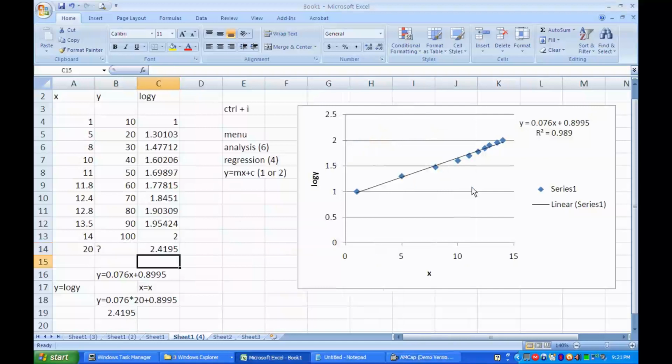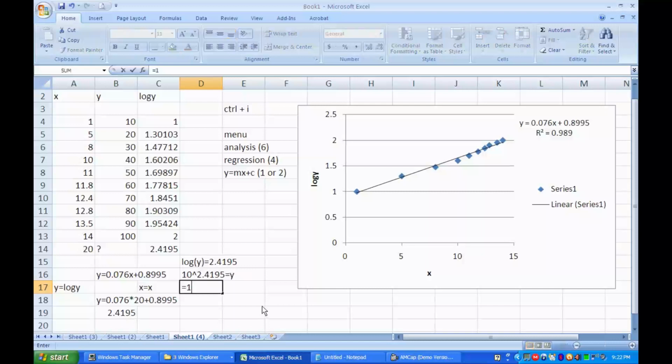So we know that log y equals 2.4195. And what that really means is that 10 to the power of 2.4195 equals y. Because remember, log by default is base 10, and it's 10 to the power of whatever the answer is, what's in that bit there, in this case y.